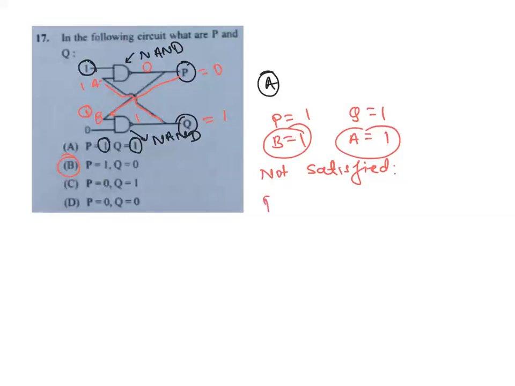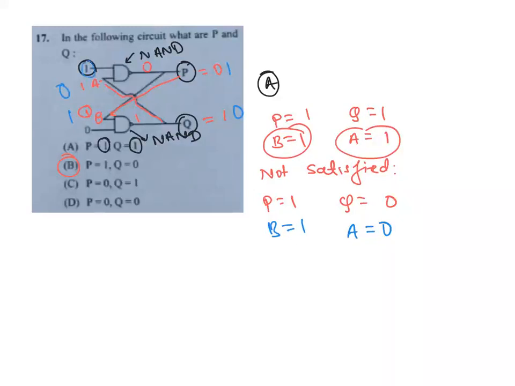Okay, P equal to 1 and Q equal to 0 now. I put a different color here. Now P equal to 1 and Q equal to 0. So that's the reason this B will become how much? Now B equal to 1 and A equal to 0. Suppose B equal to 1 and it is 0 here.